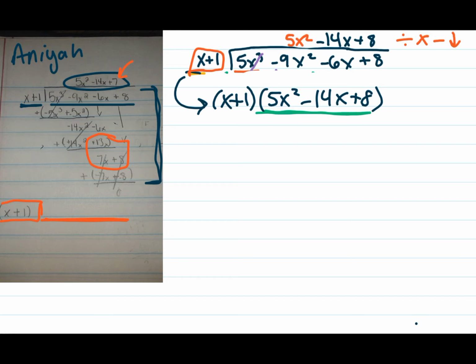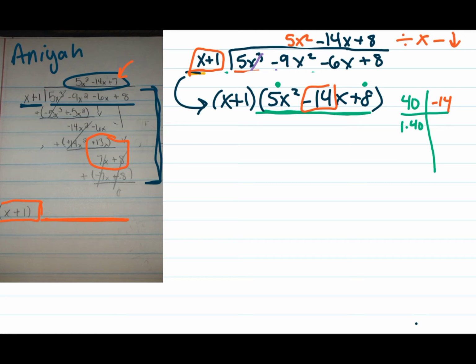Well, when we look at that, we should go, wait a second, I know how to factor that. And so our factoring is going to be 5 times 8, which is 40, and then our add number is going to be negative 14. So what's going to happen is we're going to figure out what two numbers work in this t-chart, and then we're going to move to factoring by grouping.